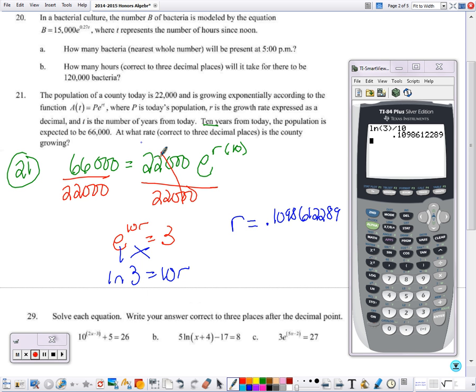But now the rate as a percent, if you move the decimal 2 places, and then we need 3 places after the decimal.